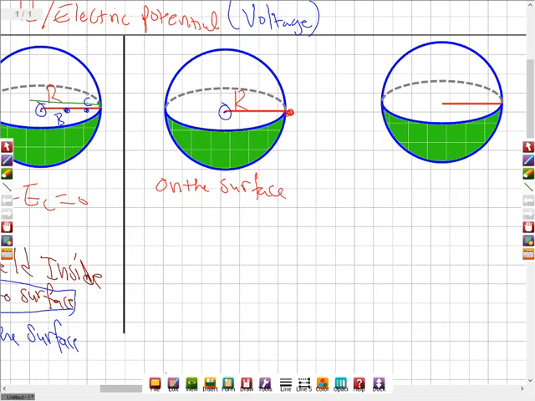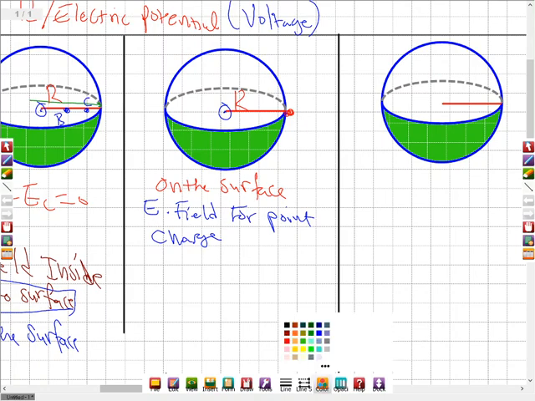Now, I advise you to go back and see how we calculate the electric field for point charges. Why point charges?